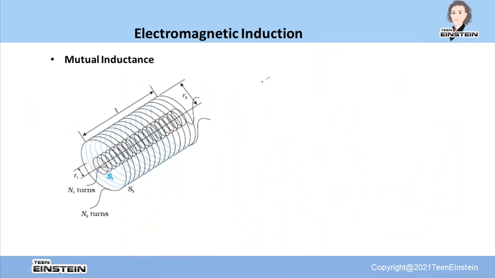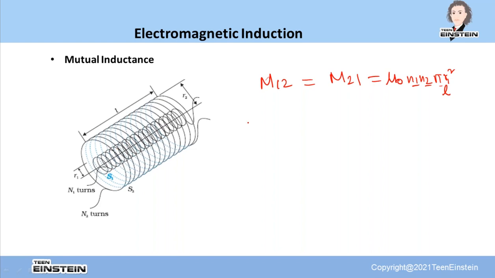So what we have learned here is that mutual inductance M12 equals M21, and in this case it is mu 0 N1 N2 pi R1 square into L. All these are related to geometry. All the parameters depend on its geometry.